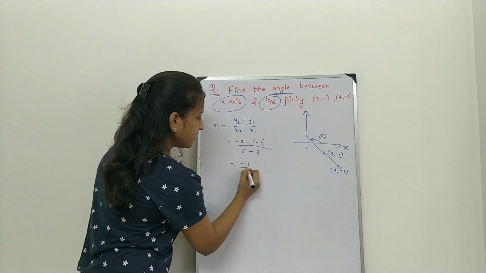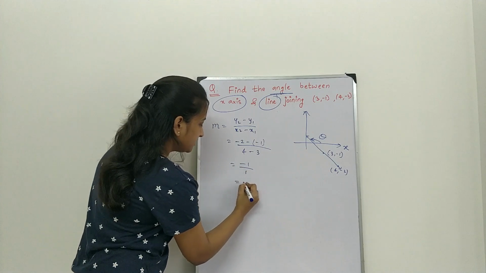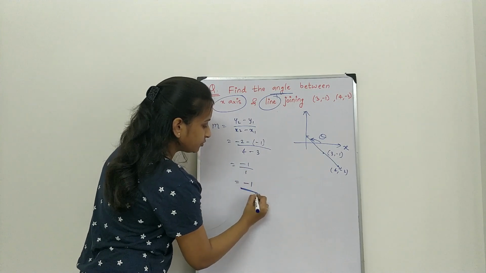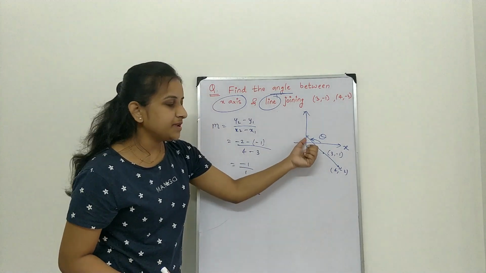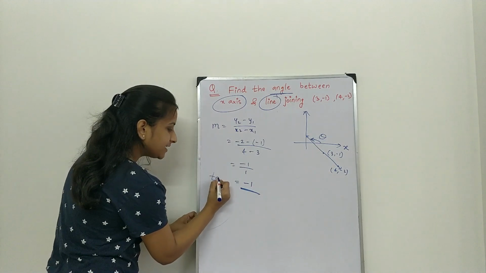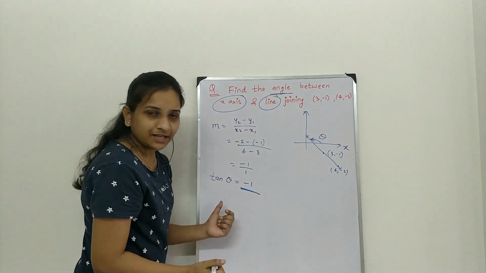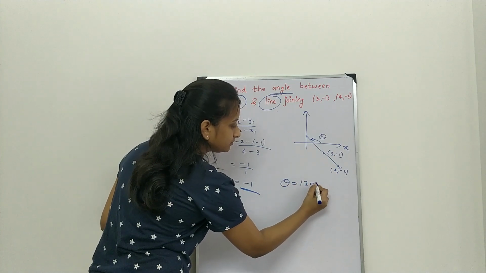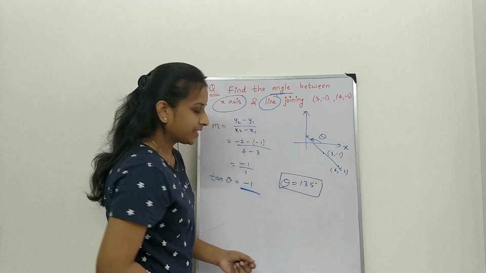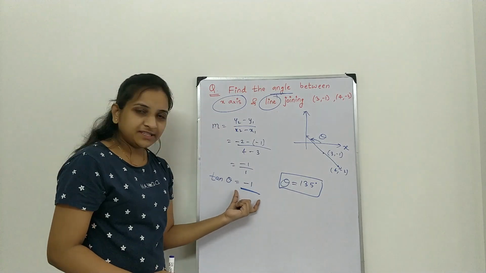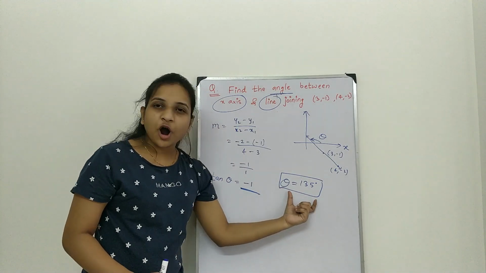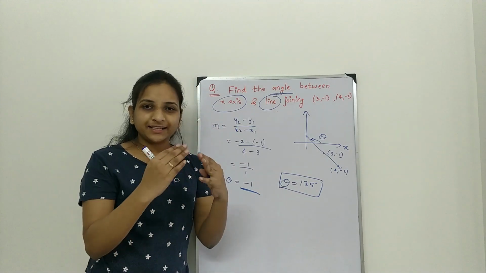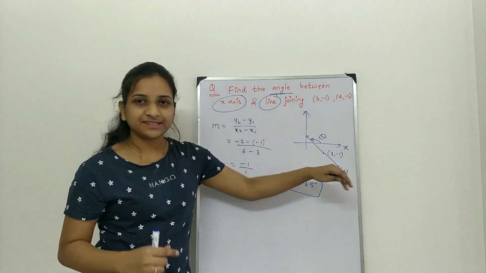This is minus 1 divided by 1, so slope is minus 1. Slope means tan theta is minus 1, so my theta value is 135 degrees. See, slope is negative, so we got an obtuse angle greater than 90 degrees. This is the line.